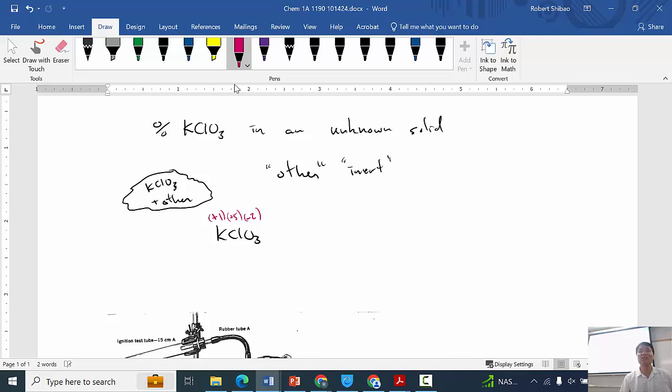It wants electrons, so that's an oxidizer or reducer. Reduction is gain. It wants electrons, so it's going to undergo reduction, but itself, it's an oxidizer. And so we see that this is going to be an oxidizer here. But if we have an oxidizer, we also need a what? Reducer. But this other stuff is inert. There's no reducers in the other stuff, or at least reducers that are strong enough to react here.